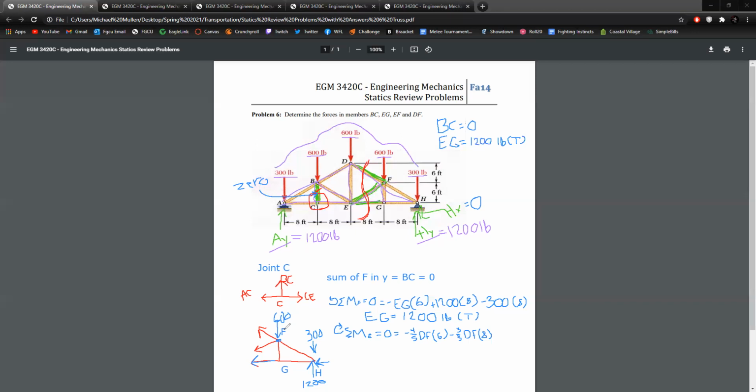We're also going to have plus 600, even though it's going down, it's going to go with our assumed moment direction. As the moment comes around this side, it's going to go down and line up with 600. So we're going to have plus 600 times the distance from E to F, again, it's going to be 8 feet.